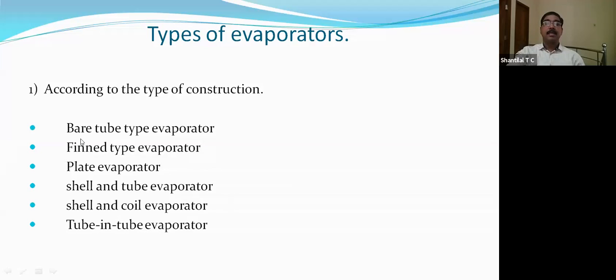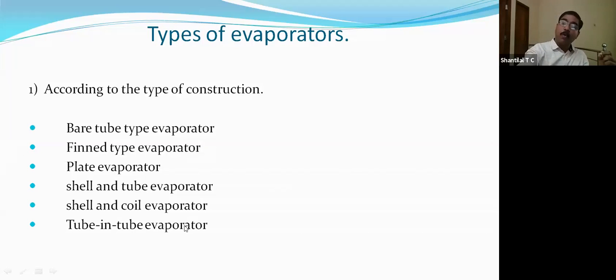That means it is similar to the condenser, where wire mesh type and plate type also come. Similar types of evaporator also come. So here I am explaining these types: bare tube type, finned type, plate type, shell and tube type, shell and coil type, and next tube in tube evaporator.